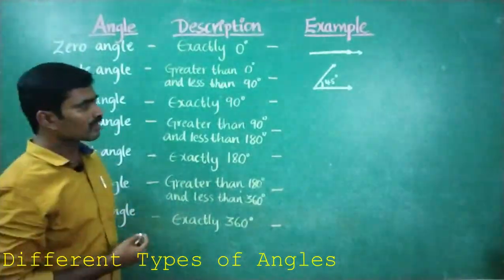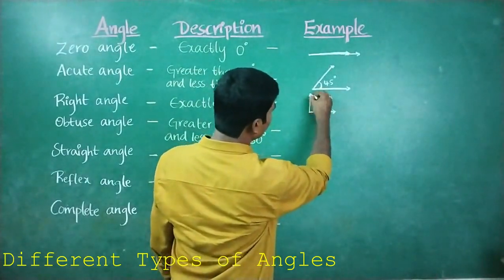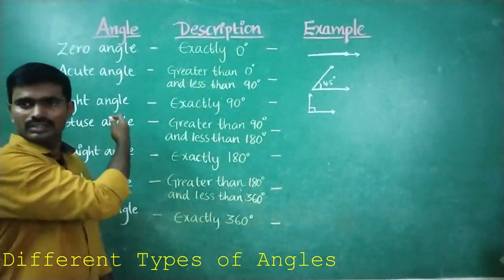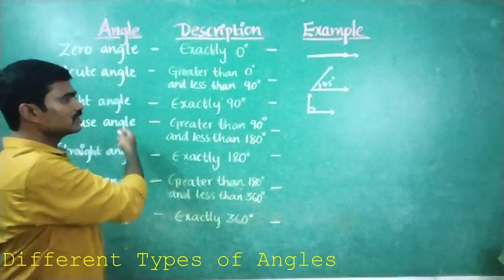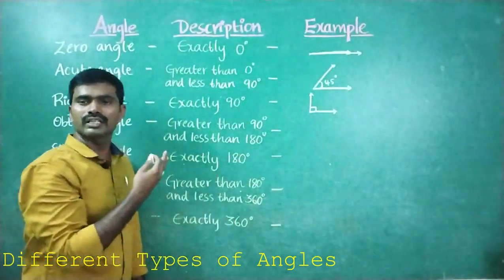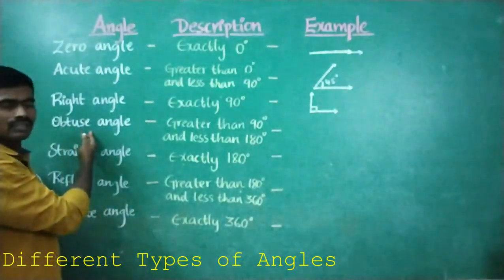Right angle. If the measurement between two rays is exactly 90 degrees, then this type of angle is said to be a right angle. So a right angle means the angle between two rays is exactly 90 degrees. Obtuse angle.